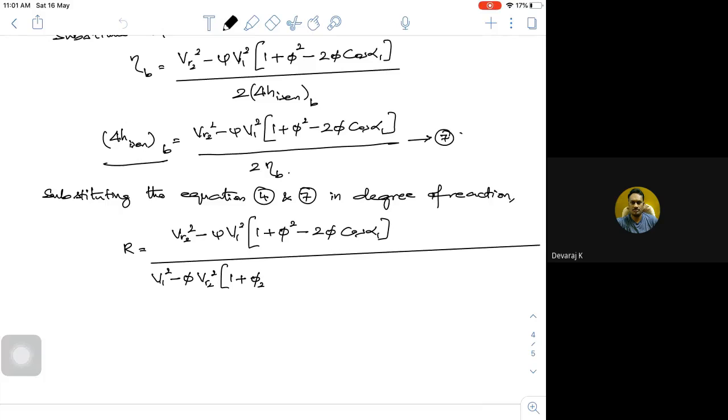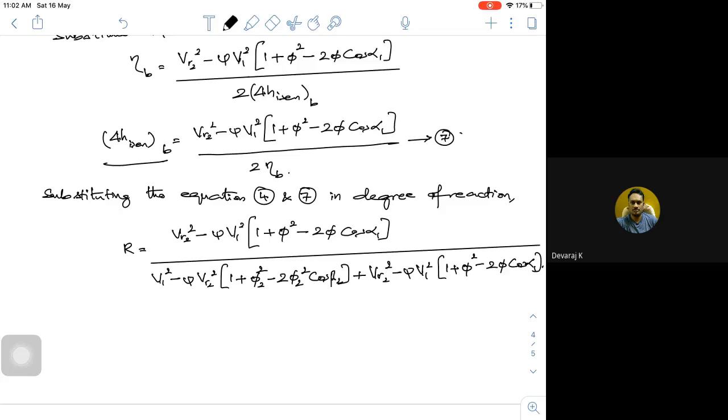This is psi actually. Psi 2 square minus 2 phi 2 cos beta 2, plus VR2 square minus psi into V1 square into 1 plus phi square minus 2 phi cos alpha 1.